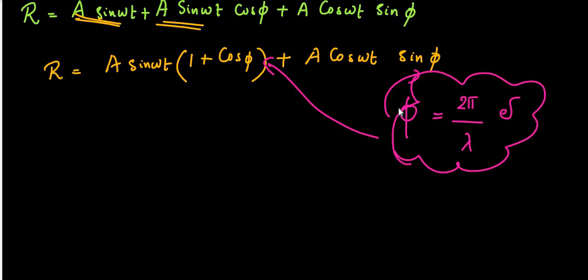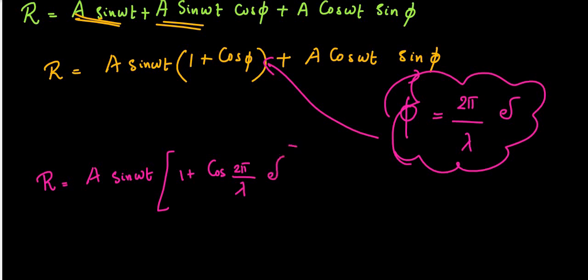So we will get a pretty big equation: the resultant displacement R is equal to A sin omega t (1 plus cos(2 pi by lambda into delta)) plus A cos omega t sin(2 pi by lambda into delta).